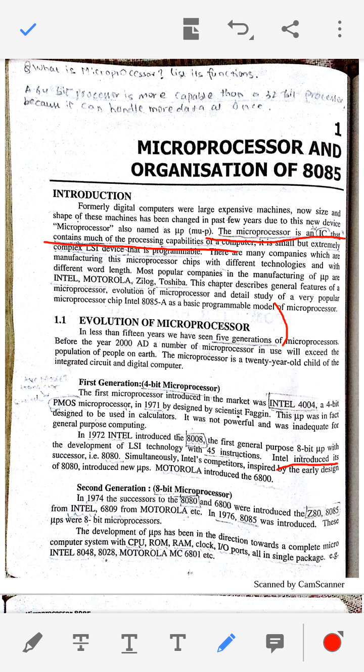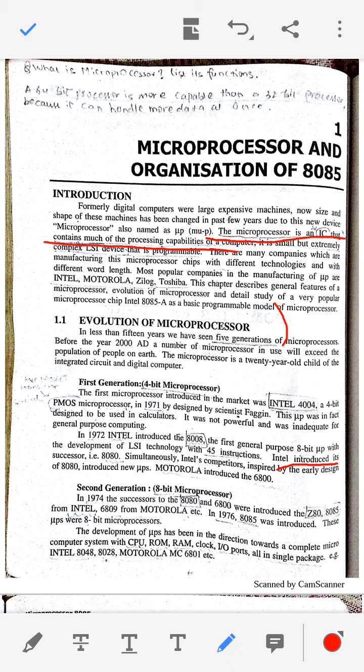In 1974, after 8080 and 6800, what came? Z80 and 8085 from Intel, and 6809 from Motorola. They were 8-bit microprocessors.